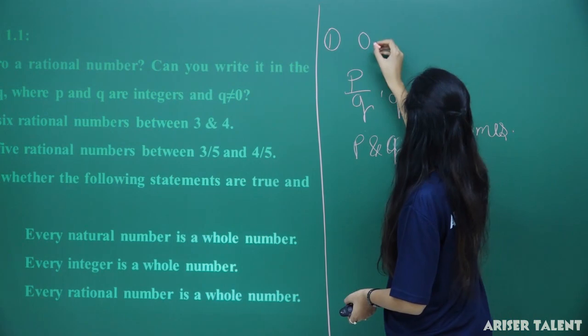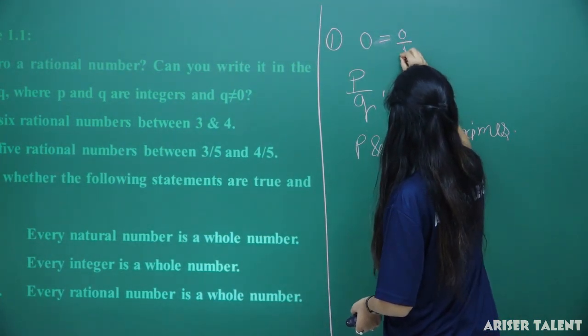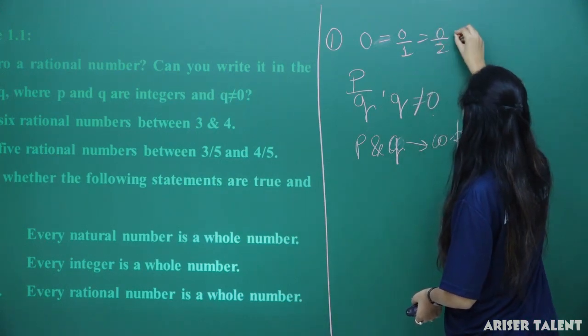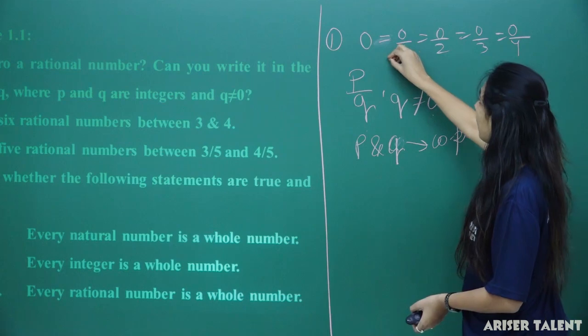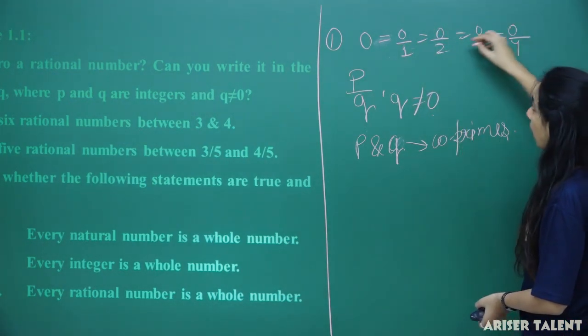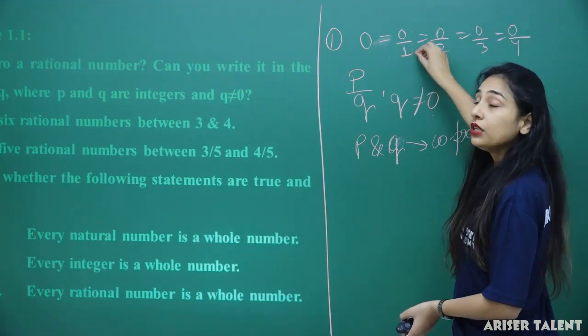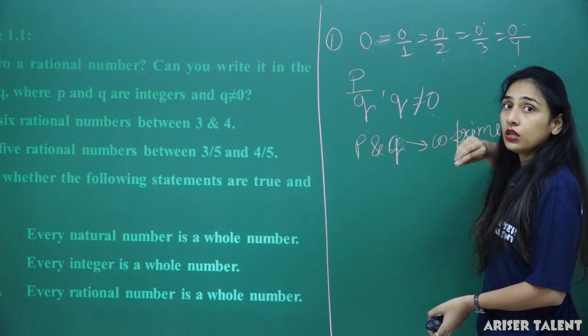So 0 can be written as 0 by 1, 0 by 2, 0 by 3, 0 by 4. These are all in p by q format. Now 0 and 1 are co-prime, 0 and 2 are co-prime, 0 and 3 are co-prime, 0 and 4 are co-prime.